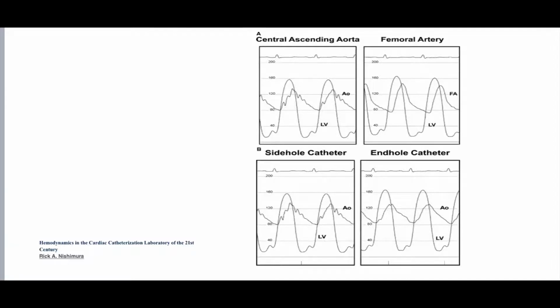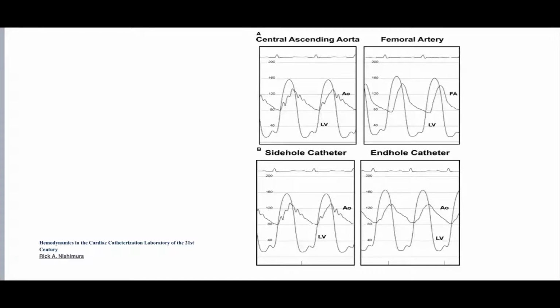That's why it's preferable to use a side hole catheter, because the end hole catheter might lead to damping. Okay. So the message from this slide is that for hemodynamic tracing of the aorta, for the sake of accuracy, you should use a central ascending aorta catheter and a side hole catheter. Good.